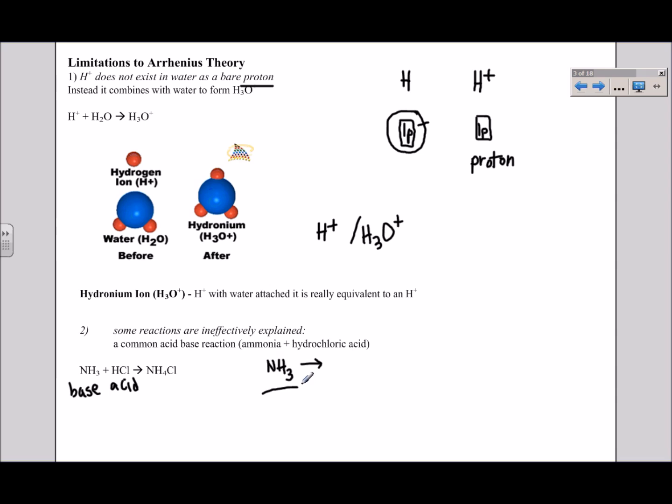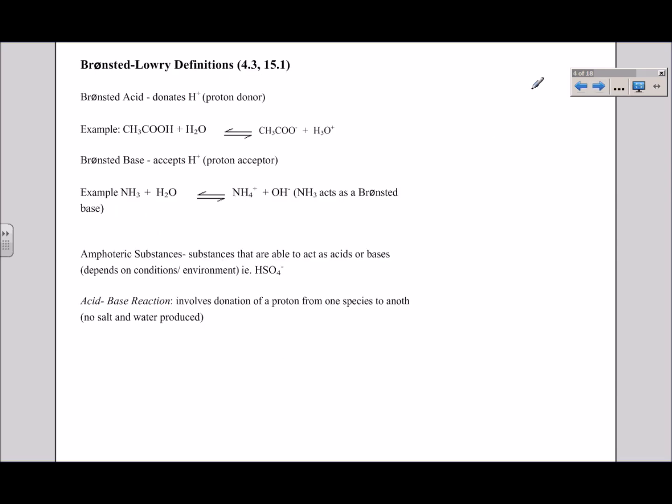So what this means is that the Arrhenius definition does not properly explain the fact that NH3 is a base. And therefore, there's a need for a broader definition that includes such compounds as NH3. And this is why we have the Bronsted-Lowry definition of acids and bases.